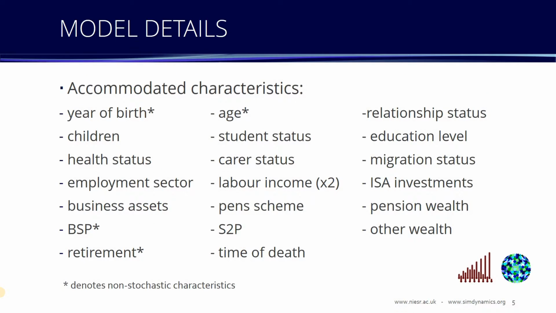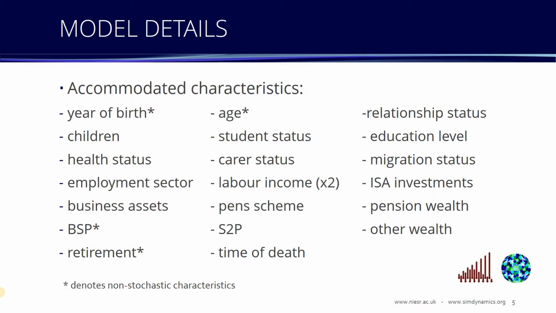Now, the characteristics that are included in the model and which the model generates for each adult through time have been carefully selected to include those characteristics which we believe are most important in determining responses and effects of alternative government policies. These characteristics include a range of demographics, such as year of birth, age, relationship status, number of children, and age of children, fertility, and so on.